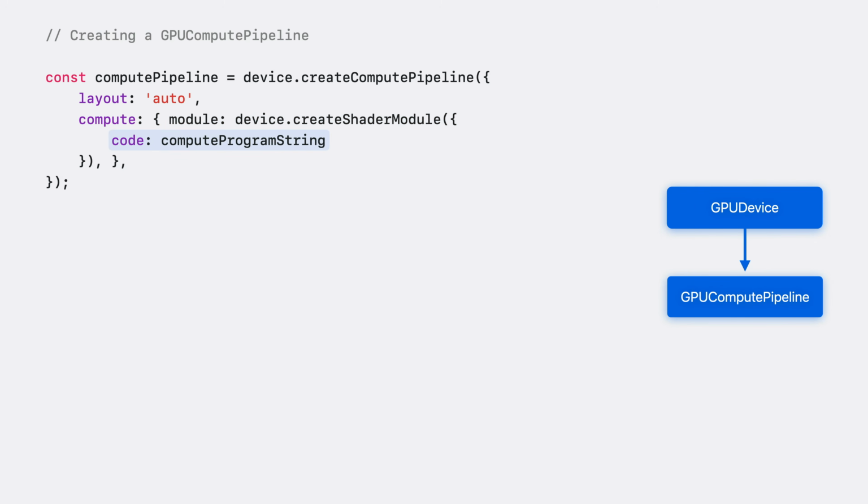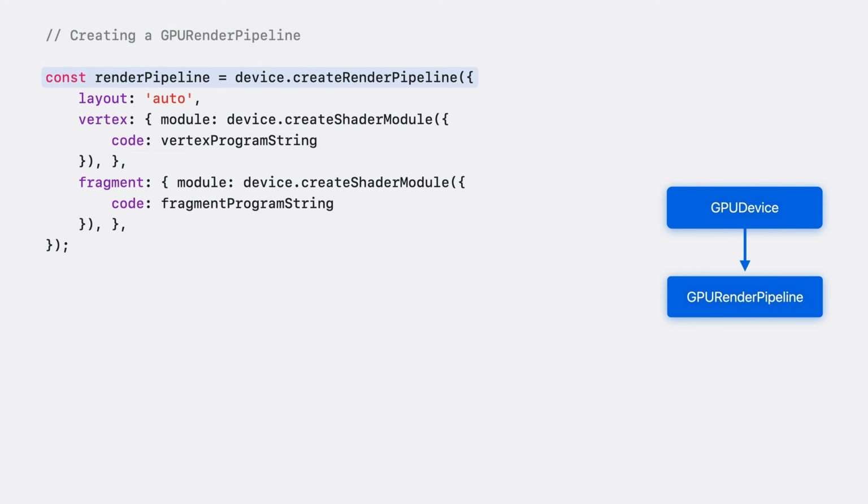It's created from a string. Render pipelines are created in a similar fashion, with an auto layout, a vertex shader module, and the fragment shader module. With the device, resources, and pipelines created, the basic setup for any WebGPU application is complete.